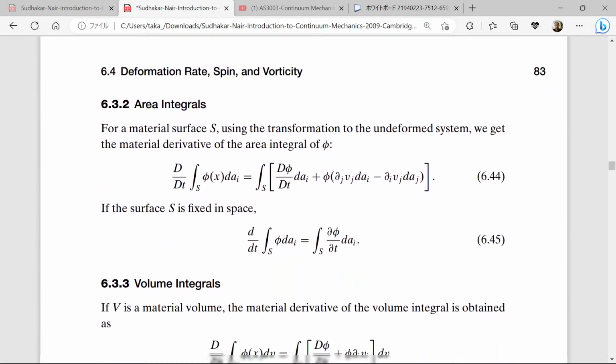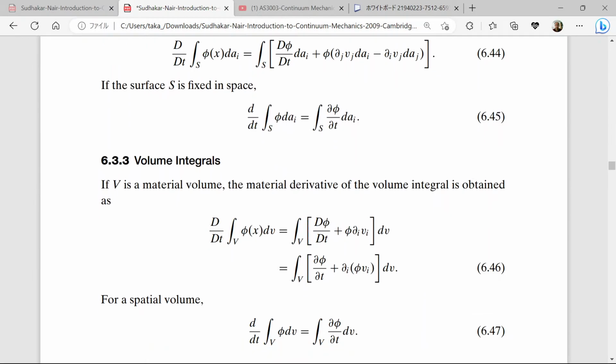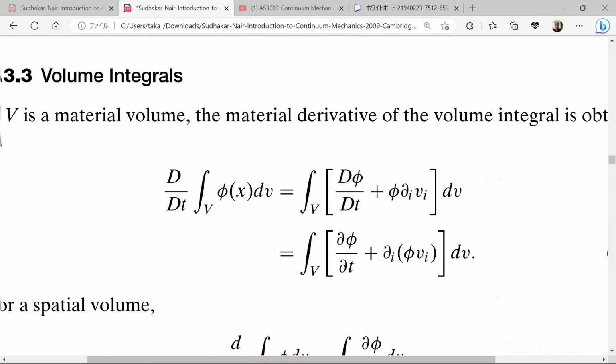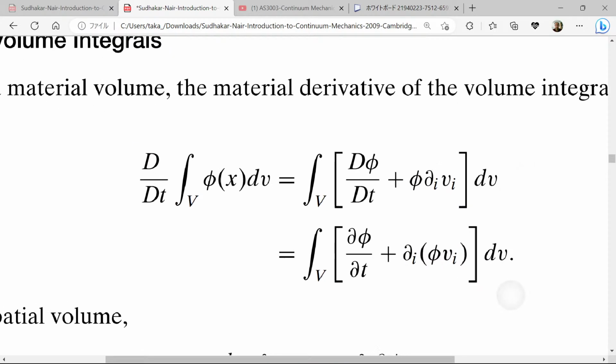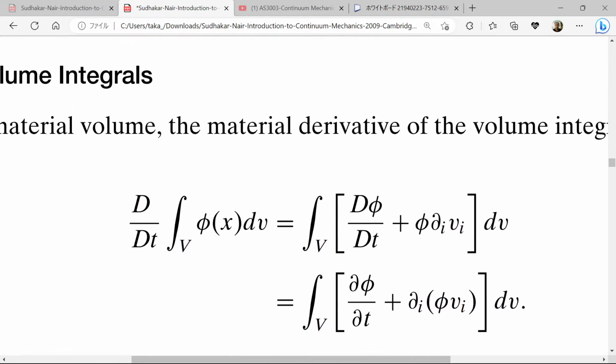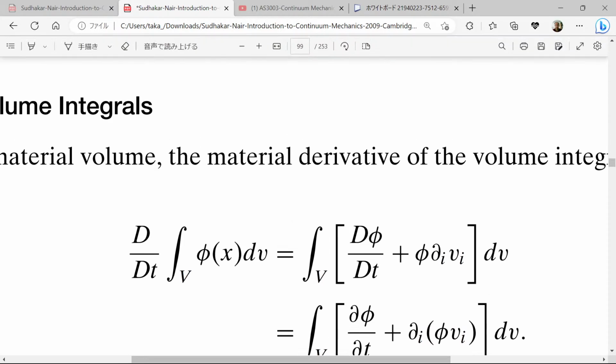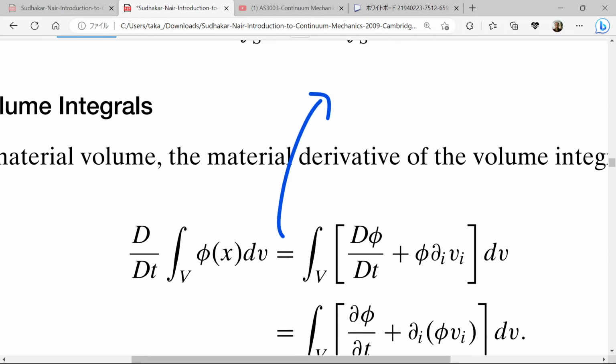So then we go to the volume integration. To consider volume integration, we have to do this. See, this thing, you have an intermediate equation. Anyway, you have volume.